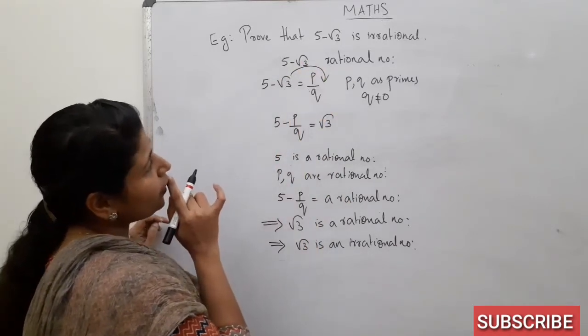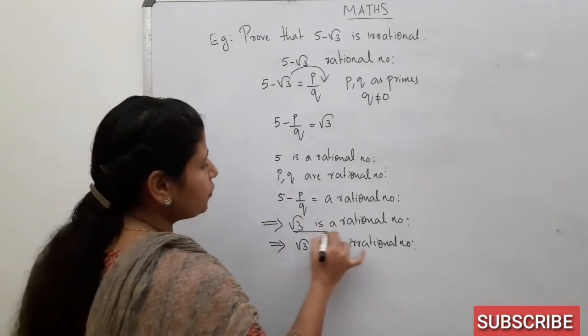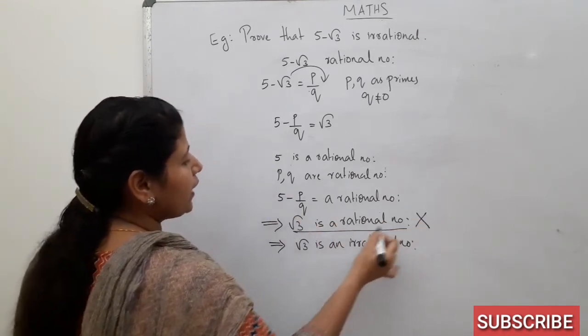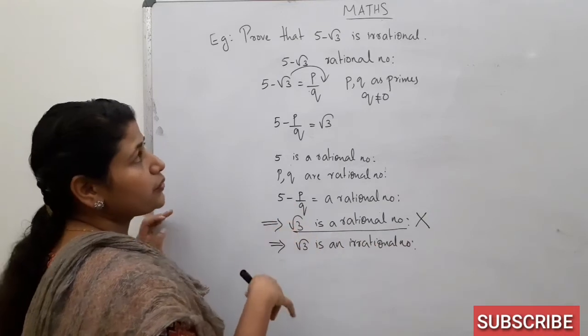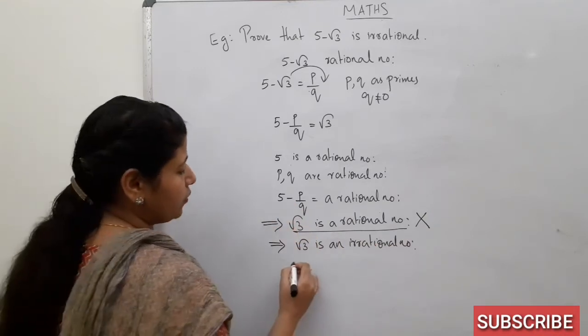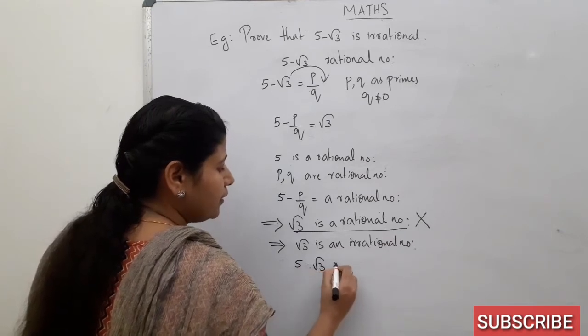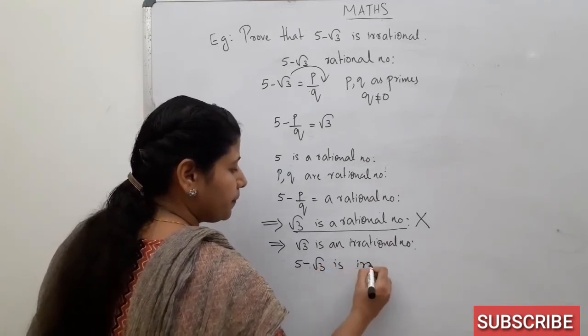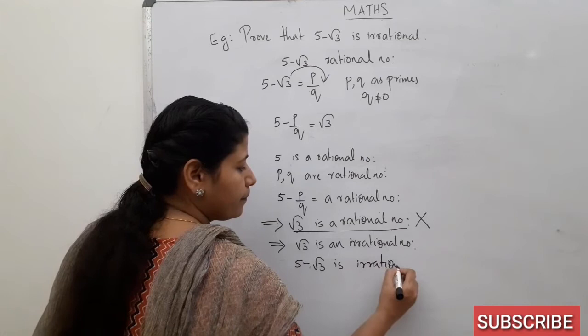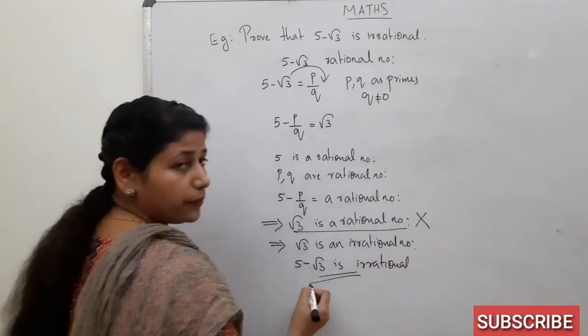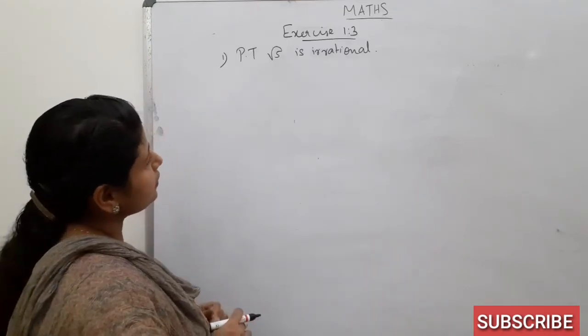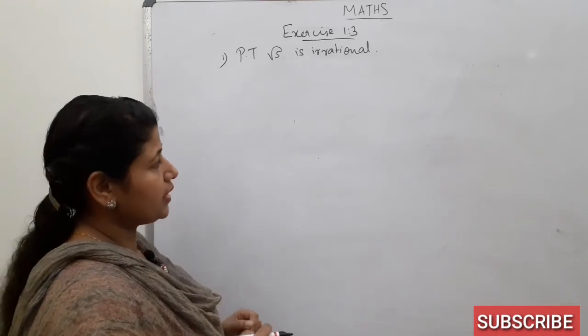So due to our wrong assumption, we concluded root 3 as a rational number. This is wrong. So we have to say that 5 minus root 3 is irrational. Hence the proof.